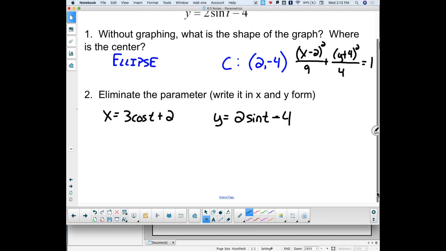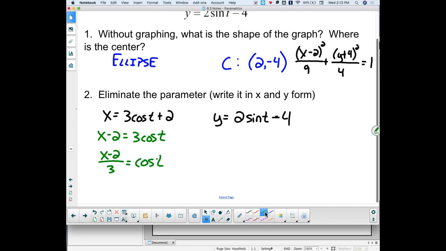I need to solve each of those, for the left one for cosine, the right one for sine. So I'm going to subtract 2 first. Then I'm going to divide by 3. And that gives me cosine of t. Over here, I'm going to add 4. Then I'm going to divide by 2.